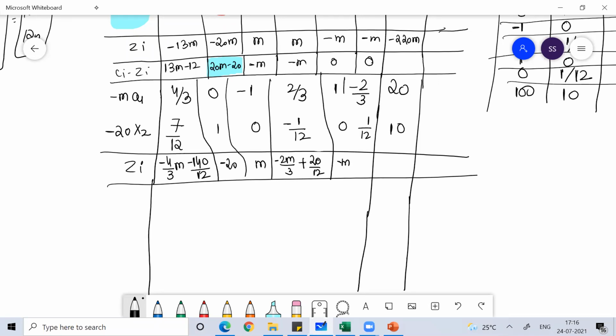Minus M. This is 2M by 3. This is 2M by 3, minus 20 by 12.